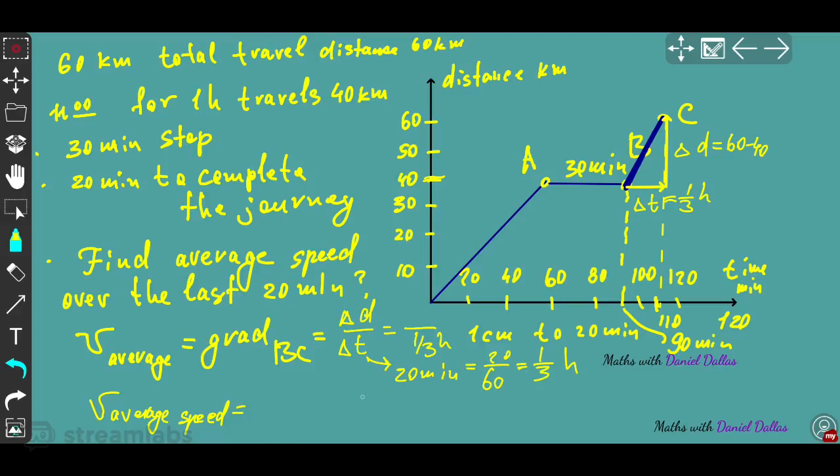Now, so change in distance from 40 to 60, or you find the difference 60 minus 40, you'll get 20 kilometers. That's how many kilometers she traveled for those 20 minutes. Yes, so that's why 20 kilometers only.